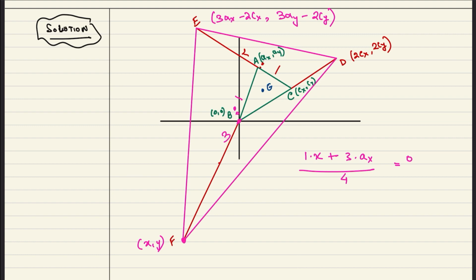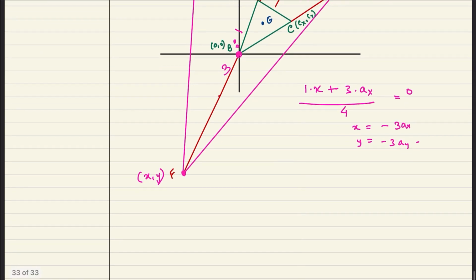Why is it 0? Because 0 is the x coordinate of the point B. So small x plus 3ax is 0, or small x is equal to negative 3ax. Similarly, small y is equal to negative 3ay. So F is negative 3ax, negative 3ay.